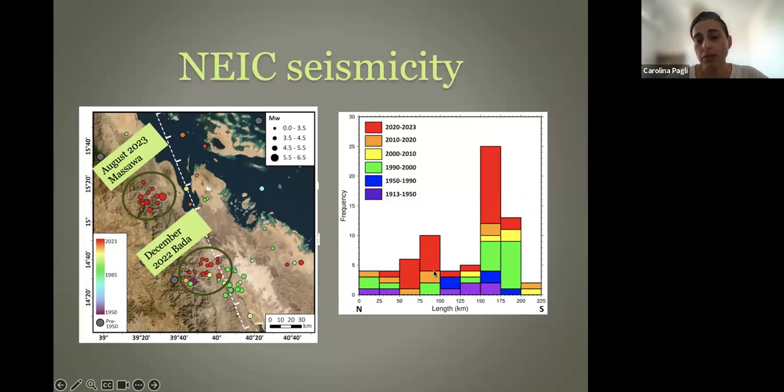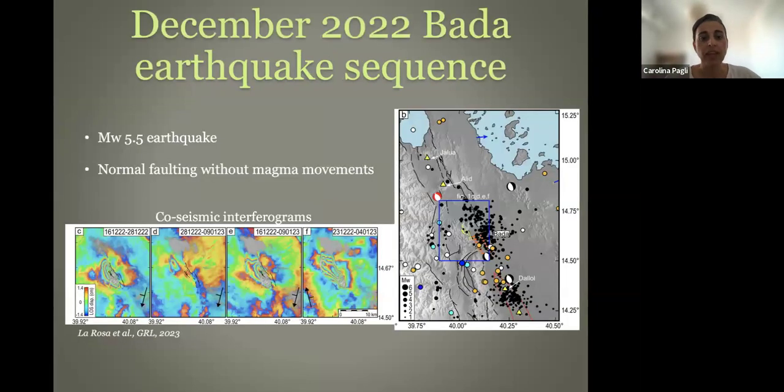And if we watch the number of earthquakes along the rift, you really see that the red is by far the dominating part of the seismicity. So this sector was fairly quiet until these two seismic sequences occurred.